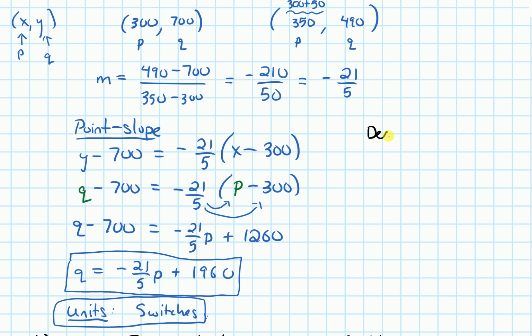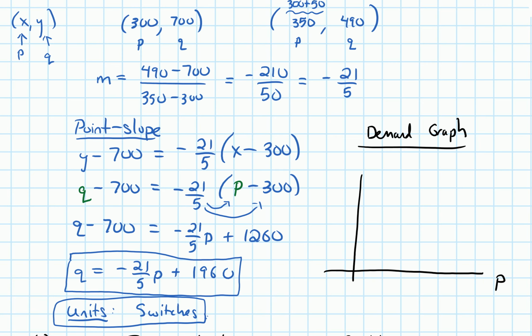Now to get a feel for what this equation is saying, let's consider its graph. So let's draw the graph of our demand function. I'm going to draw some axes. We have a p-axis instead of an x-axis, and the y-axis is going to be represented by q. That's our demand. The y-intercept is 1960, and the slope is negative 21 over 5. So let's draw a line that has a negative slope, tending downwards as we go to the right.